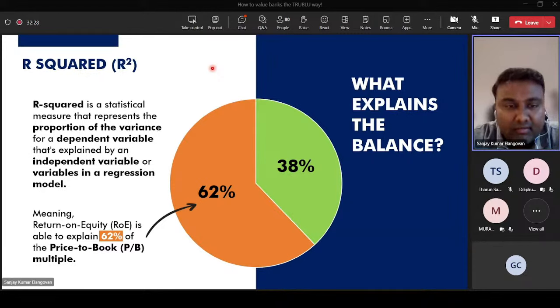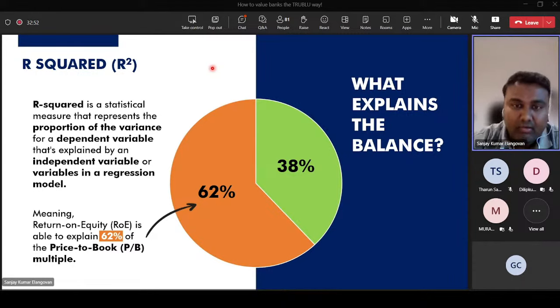The independent variable here is the return on equity. In regression there could be many variables, or in our case, where we are valuing banks, it could be just one variable, which is return on equity. So in the professor's study in 2012, 62% of the banks' price to book multiple was being explained by return on equity. So what explains the balance, right?